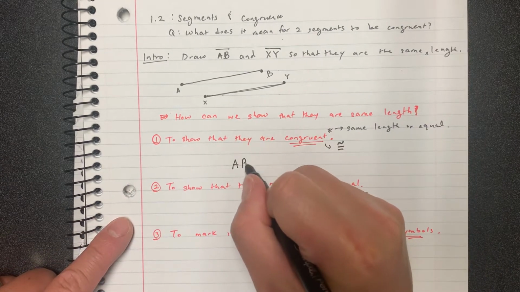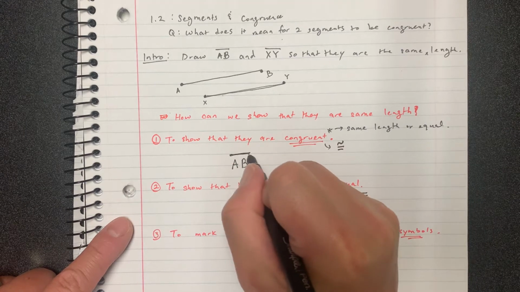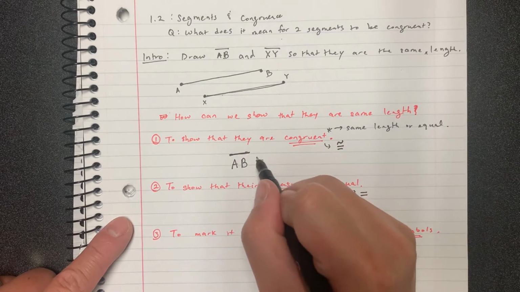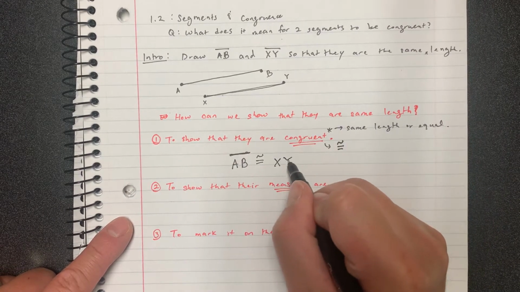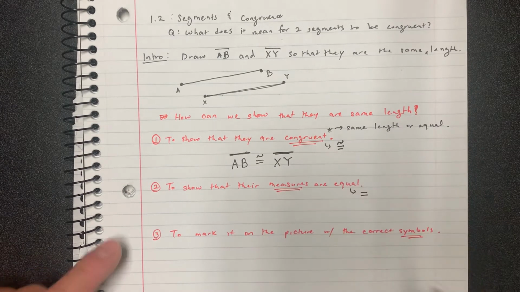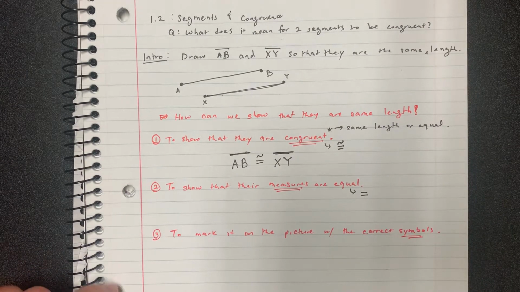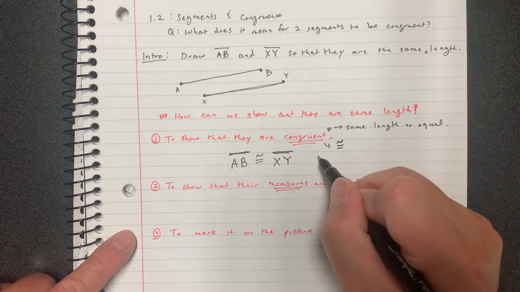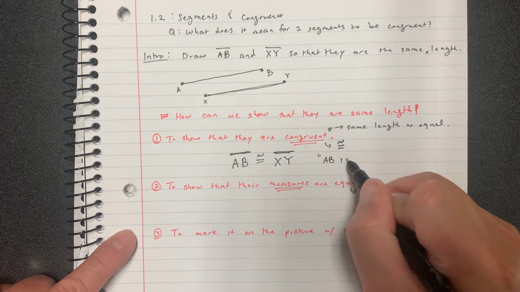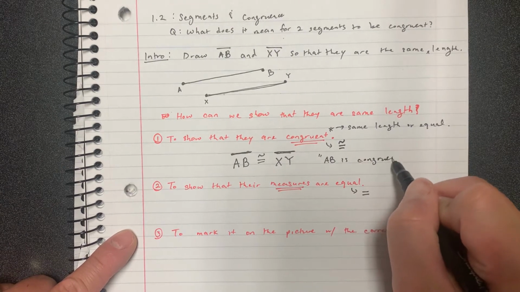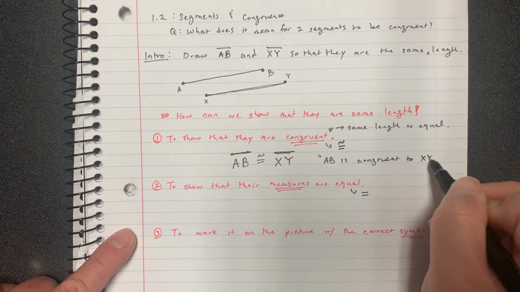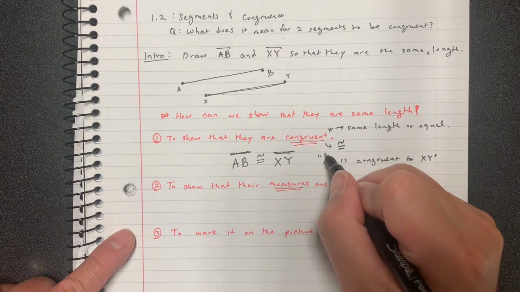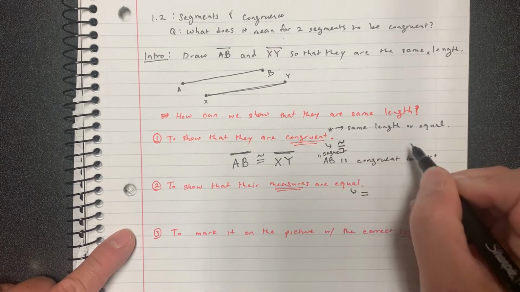We say AB, and then we put this notation on top, is congruent to XY. The way that we read this: segment AB is congruent to segment XY.